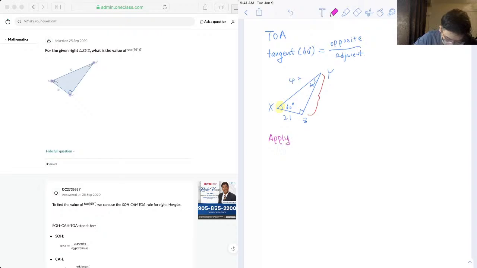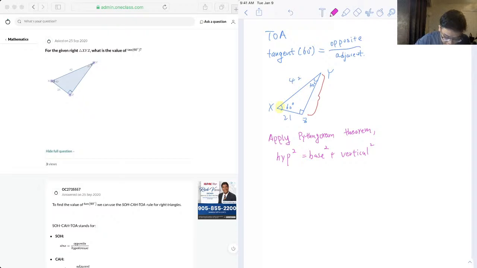Apply the Pythagorean theorem, which is, I'll just write HYP as a short form of hypotenuse, square is equal to base square plus vertical square. Right.